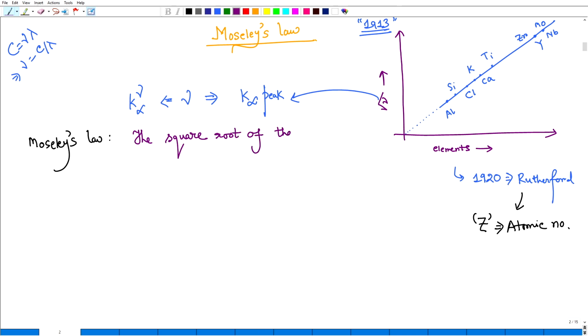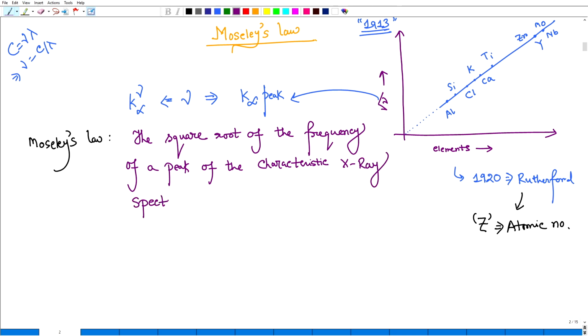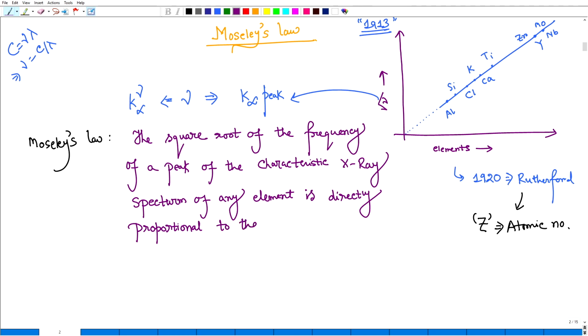The square root of the frequency of a peak of the characteristic X-ray spectrum of any element is directly proportional to the atomic number of that element.